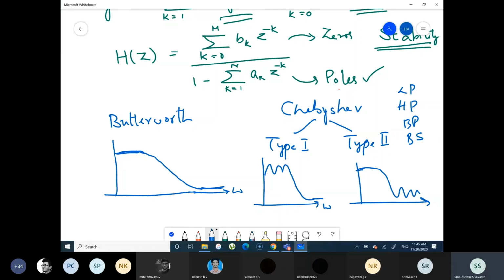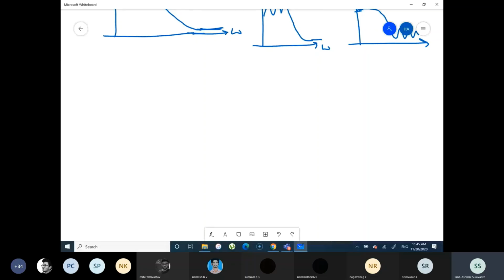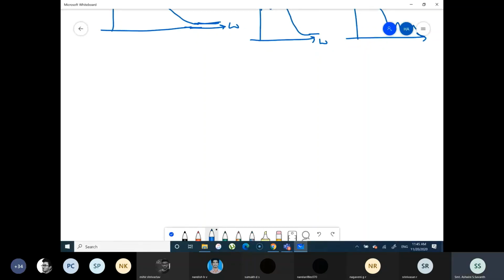But one thing with the IIR filter: how we design it is we first design a prototype. So we first concentrate on designing a prototype. What is this prototype? This prototype is an analog low pass filter, whether Butterworth or Chebyshev.